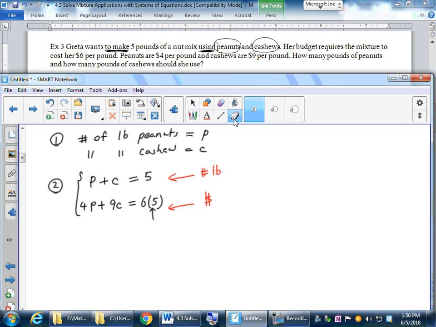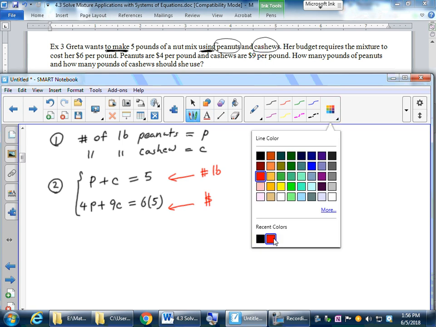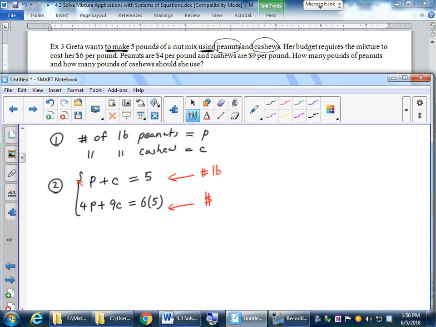Okay. So finally, once we get this system, then we can solve it. Substitution, elimination, really up to you. In this problem, I will use the elimination method, which is multiplying the first equation by -4 to eliminate my p.